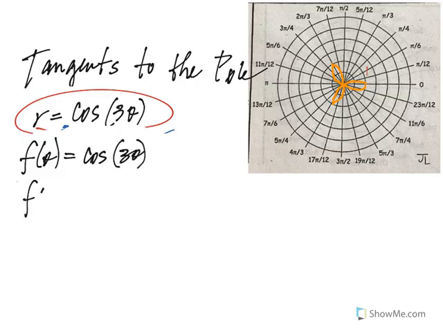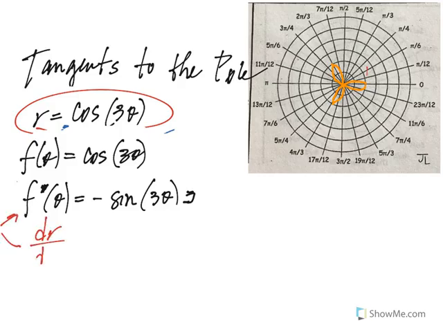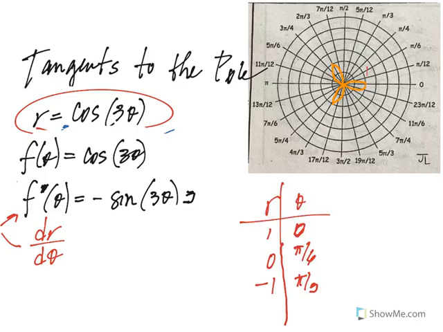So when I say I'm looking for f prime of theta, I come up with that expression that gives me negative sine of 3 theta times 3. This is actually giving me the rate at which your r changes with respect to the way that theta changes. This right here is really dr d theta. Change in r with respect to theta.